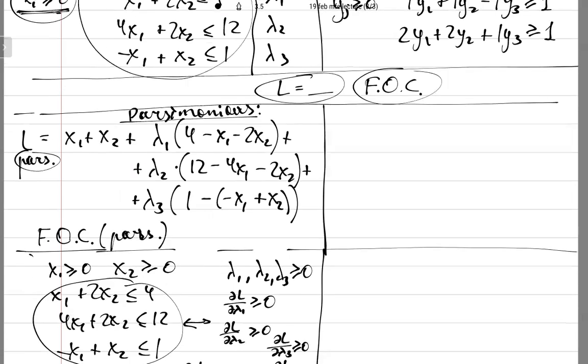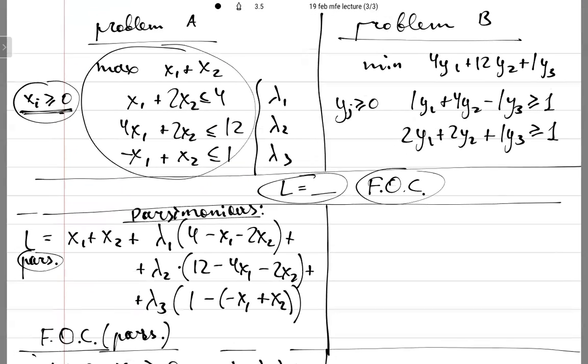Okay, let's move on to the second problem, problem B. Let's write L parsimonious for problem B. I have many ways to write it. I may transform it into a maximization problem, but let's write it directly and carefully look at the sign of every derivative.